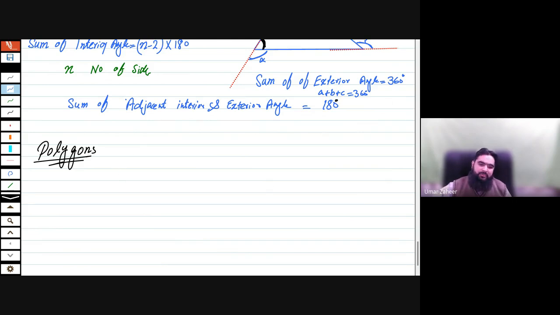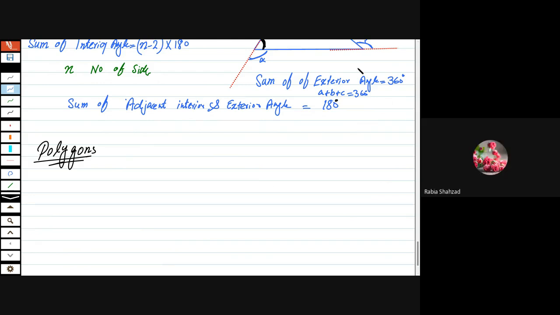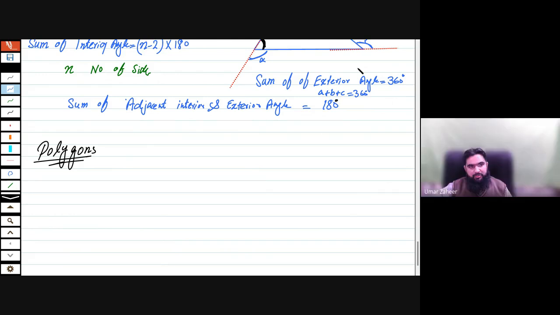Yes, what is a polygon? Sir, a shape with straight sides. Sorry? A shape with straight sides.